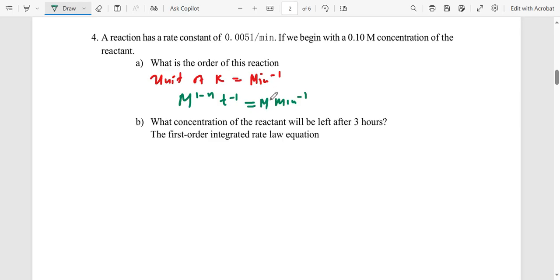It means that molarity is raised to the power 0, because molarity raised to the power 0, the answer is 1. This minute to the power negative 1 is the same as this time to the power negative 1. So it means that the powers of M should be equal. So 1 minus n should be equal to 0. Take n the other side. So n is equal to 1. So that tells you that this is a first order reaction because n is equal to 1.